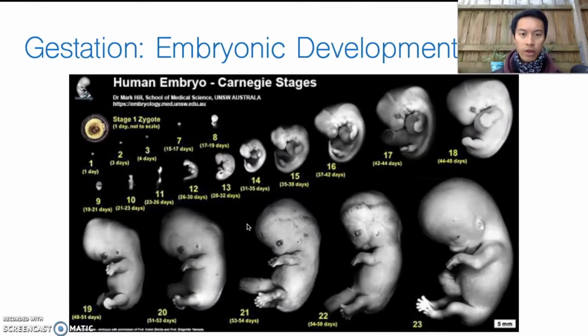If you were to map it out, this is kind of what it would look like. We are talking about going from the size of a little pinhead all the way to, by the end of the embryonic stage, by about week 12, probably around about here somewhere. And you can see the difference between here and here is quite phenomenal.